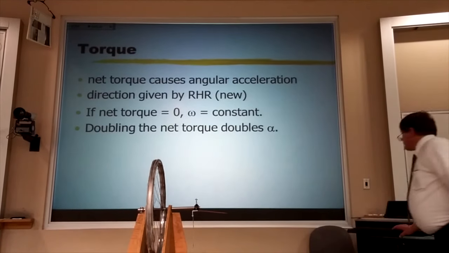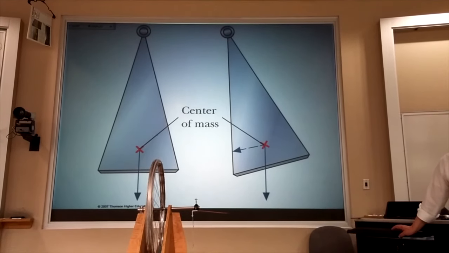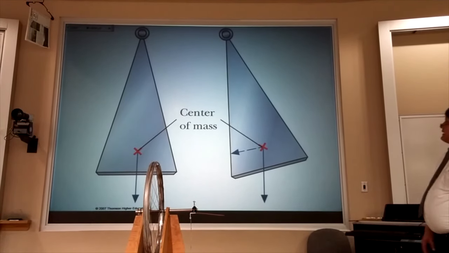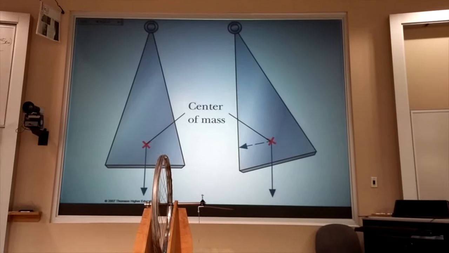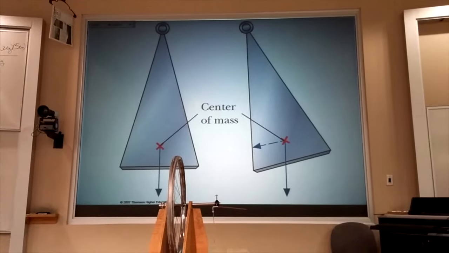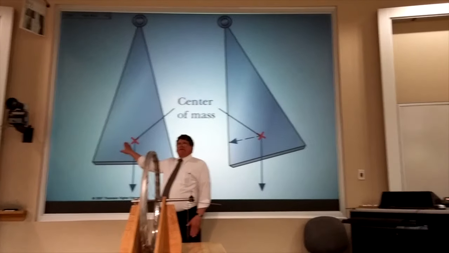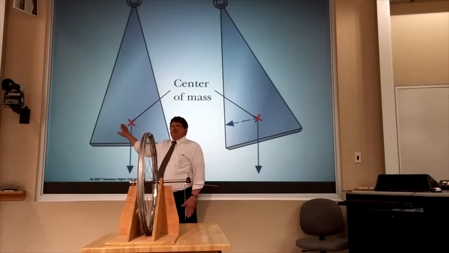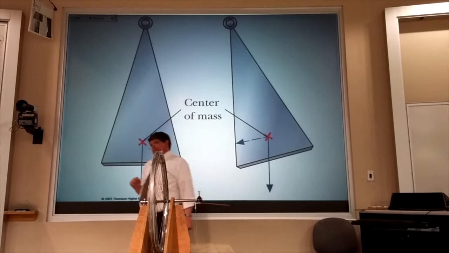Now, in order to solve problems using torque, we need to go back and understand what Friday's lecture was all about. On Friday we decided that the center of mass would seek a point directly below the support.